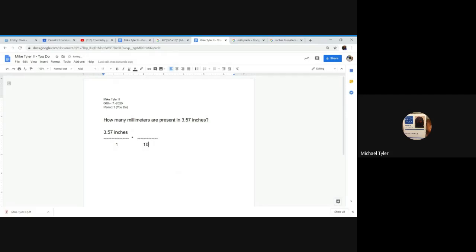So 10 to the negative third meters. Hold on. I want meters in the bottom to cancel. There we go. Now, if I put it in the bottom, that's for 1 millimeter.